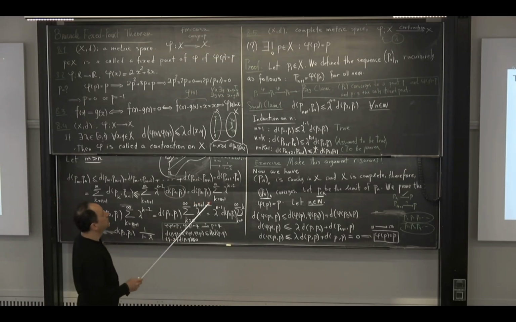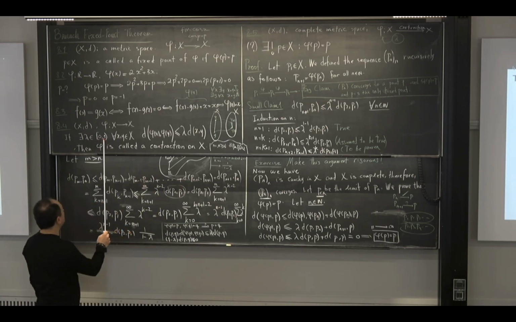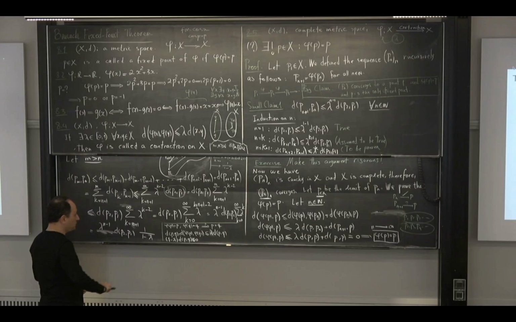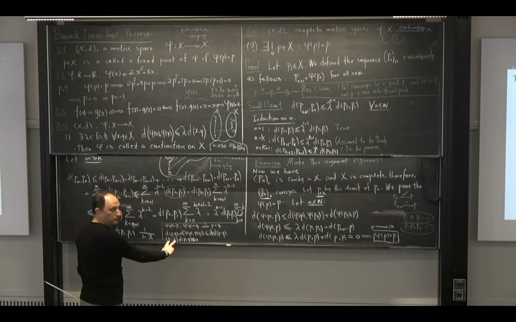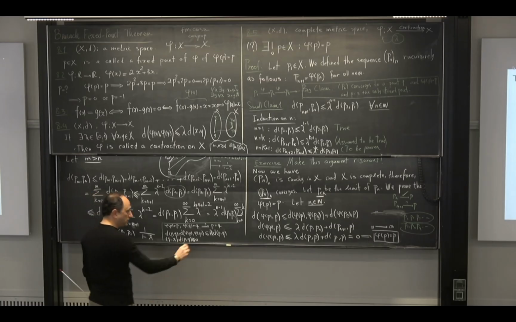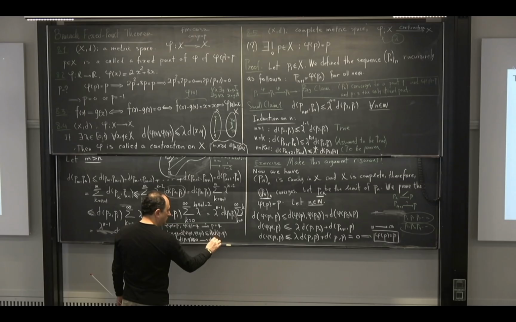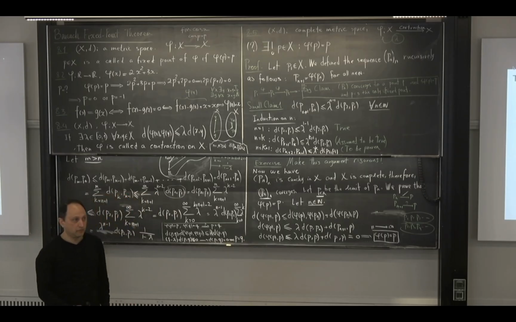Lambda is between 0 and 1. So this one is positive. d is also positive or 0. If the product is negative or 0, this should be 0. There is no other choice. So d(P, Q) is 0. This means that P is equal to Q. Okay?